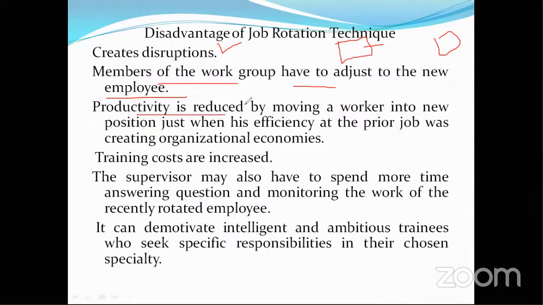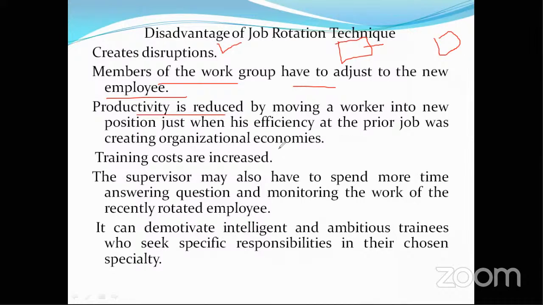See, if every day the same work is done by a particular person, he will become an expert. He will become a specialist in that category of work. But now we are removing it. We are assigning alternating jobs to an individual. So as a result, nobody will be a specialist. All will be generalists. So they do not get special expertise in a particular job, and therefore productivity is reduced.